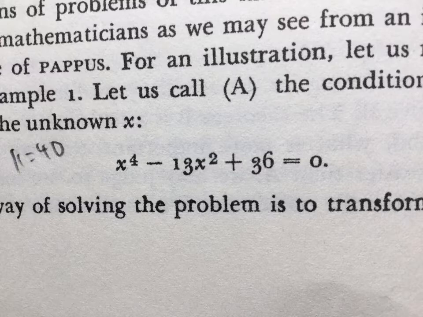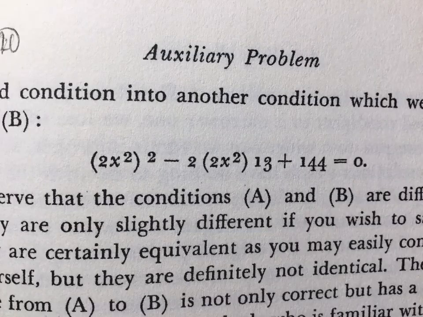One way of solving this problem is to transform the proposed condition into another condition which we shall call B: (2x squared) squared minus 2(2x squared)(13) plus 144 equals 0.